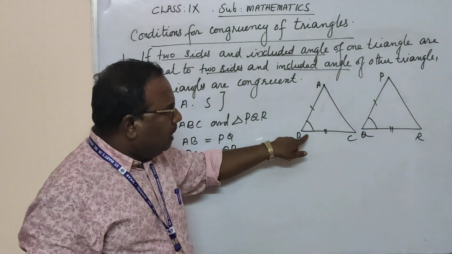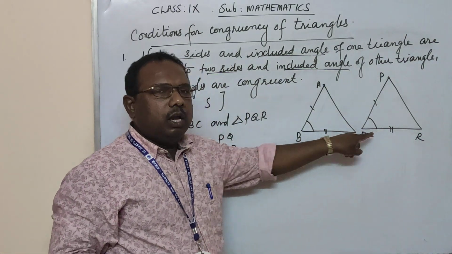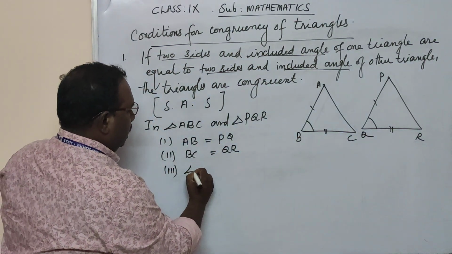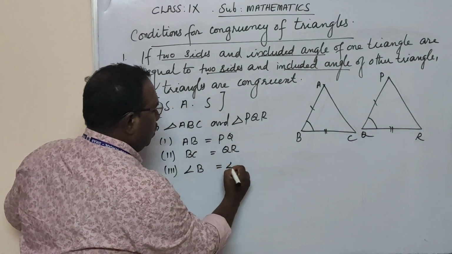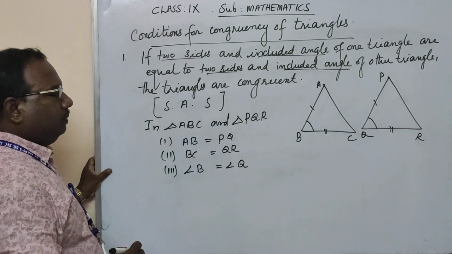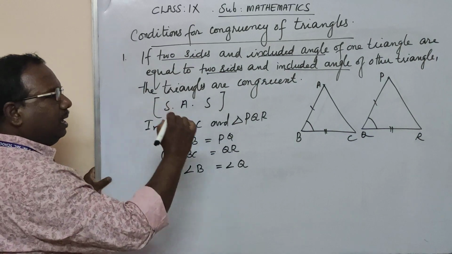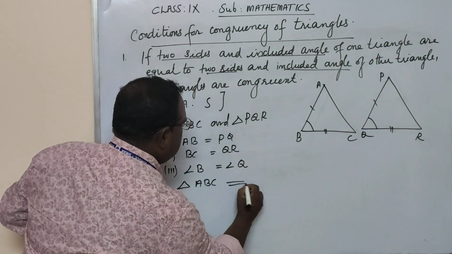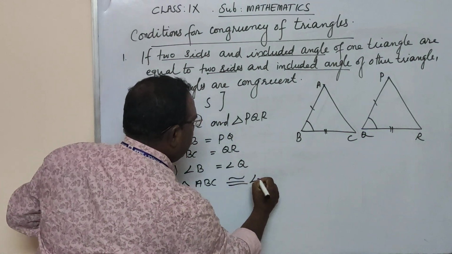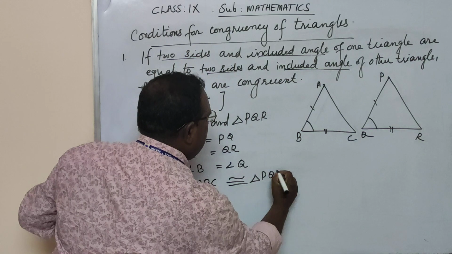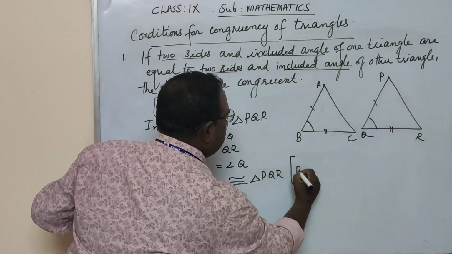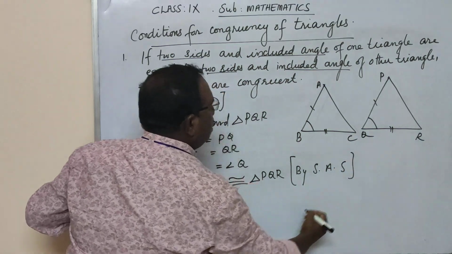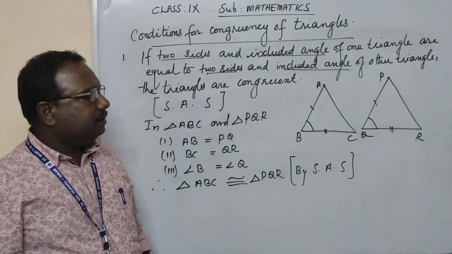And angle B corresponds to angle Q. Angle B is equal to angle Q. Therefore, we can say triangle ABC is congruent to triangle PQR by SAS condition of congruency of triangles.